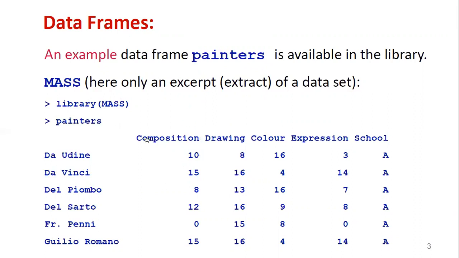In our earlier lecture we demonstrated this dataset completely. Composition, drawing, color, expression are the four numeric variables, whereas school is a factor variable with the string type. Then every row is identified by the name, which is called the painter name. This is about the dataset painters.